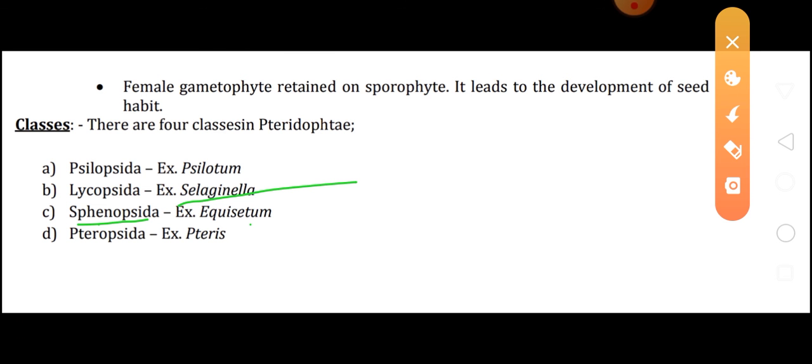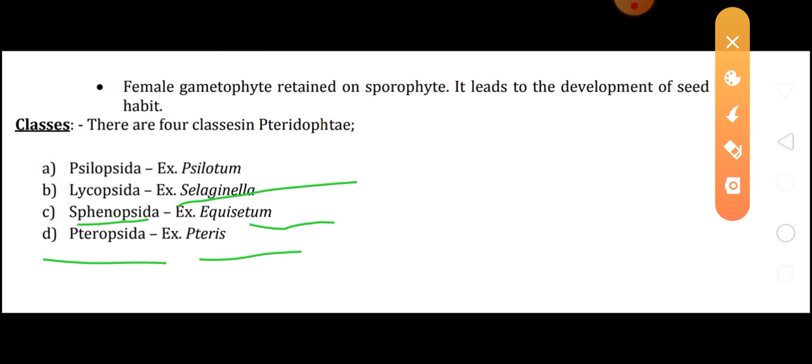Children, this chapter is fully theory. In this chapter I can guide you, but you have to learn. Without learning, you cannot write in your exam. So learn, that is the very important thing in this chapter, especially in this unit, which is fully theoretical.